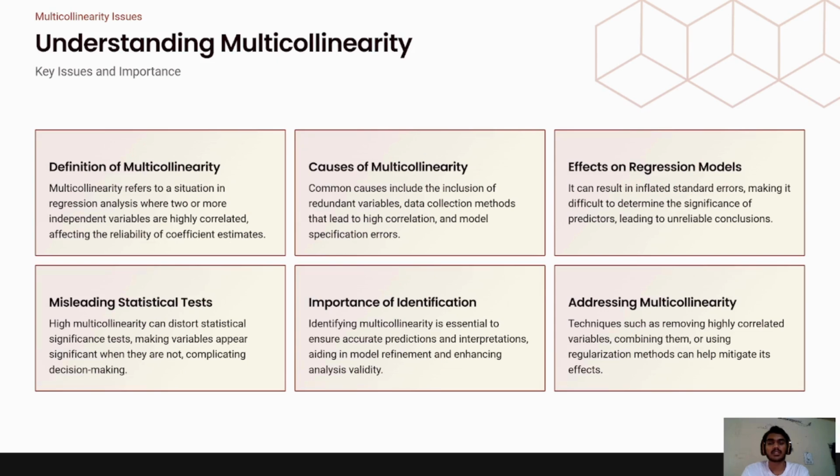Importance of identification. Identifying multicollinearity is essential to ensure accurate prediction and interpretation, aiding in model refinement and enhancing analysis validity. Addressing multicollinearity. Techniques such as removing highly correlated variables, combining them, or using regularization methods can help mitigate its effects.